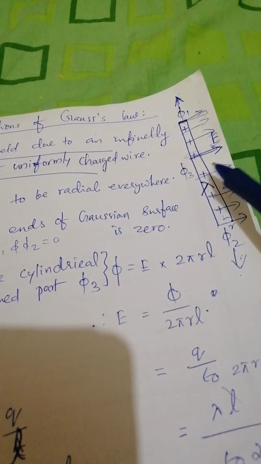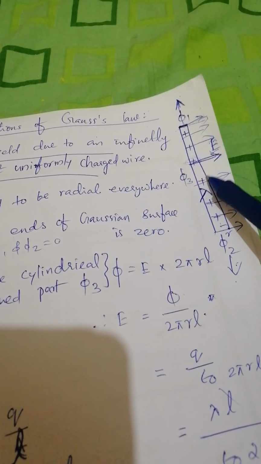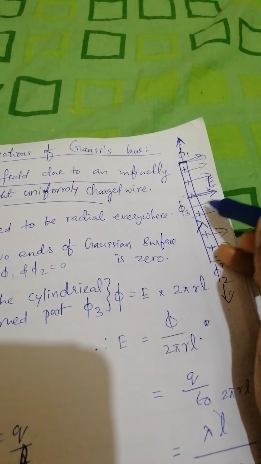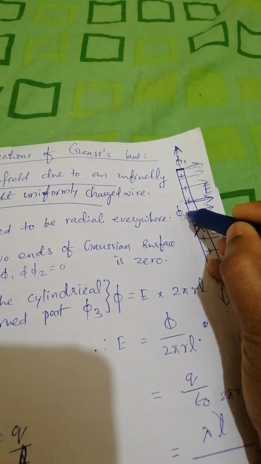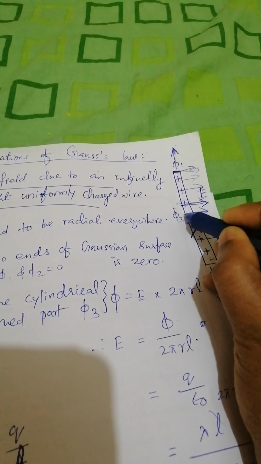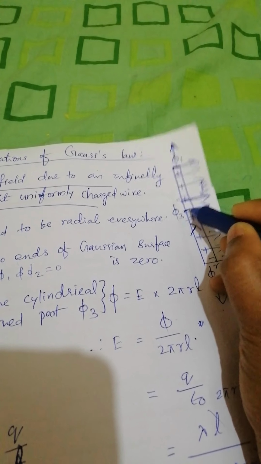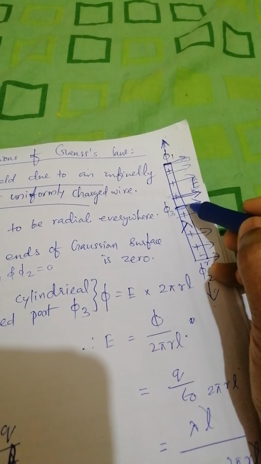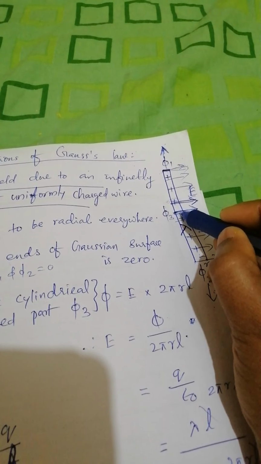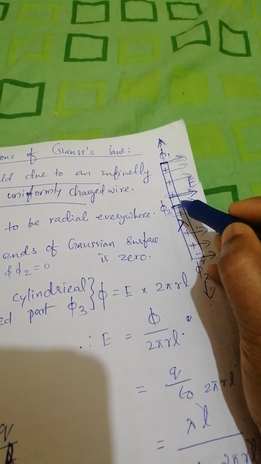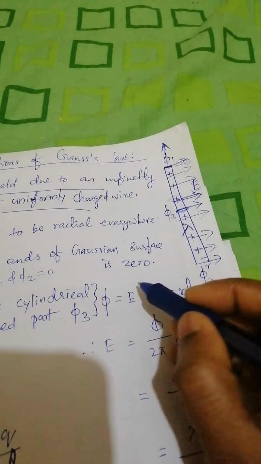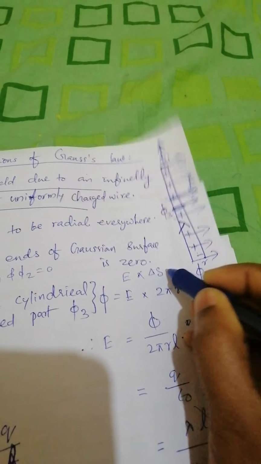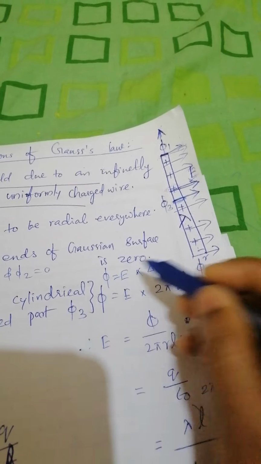At each point the area and the electric field are in the same direction, so E dot delta S is E into delta S into cos 0. Cos 0 is 1, so the flux will be E into delta S.